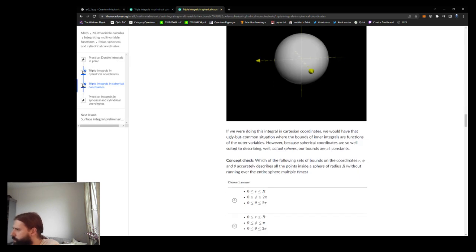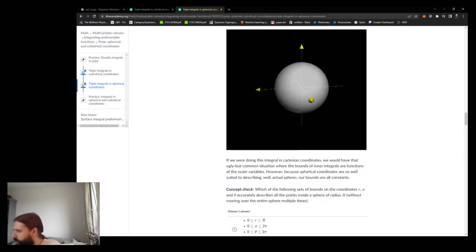If we were doing the integral in Cartesian coordinates, it's super ugly but a common situation where the bounds of inner integrals are functions of outer variables, blah, blah, blah. But if we set up the R, the phi, and the theta, it accurately describes all the points inside the sphere of radius R without running over the entire sphere multiple times.